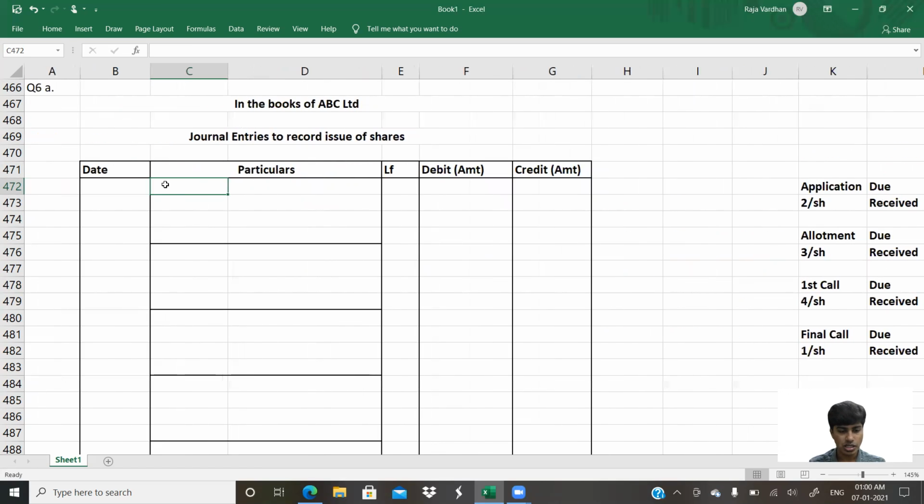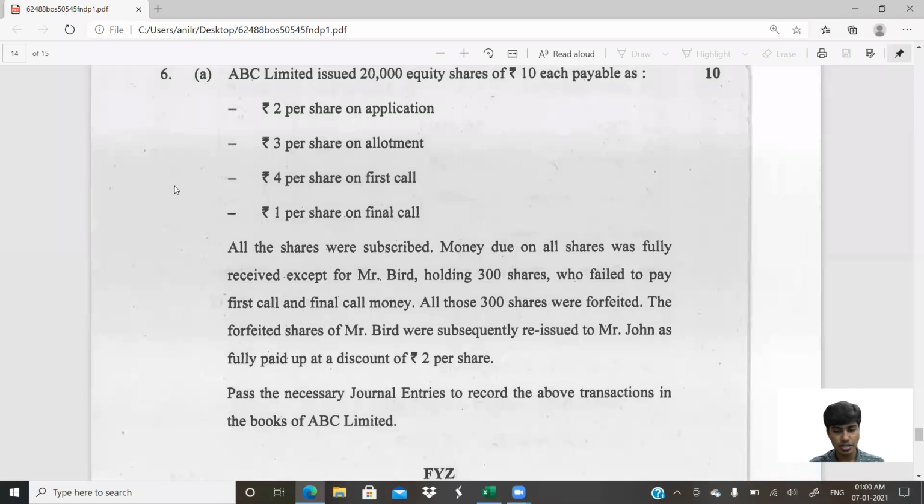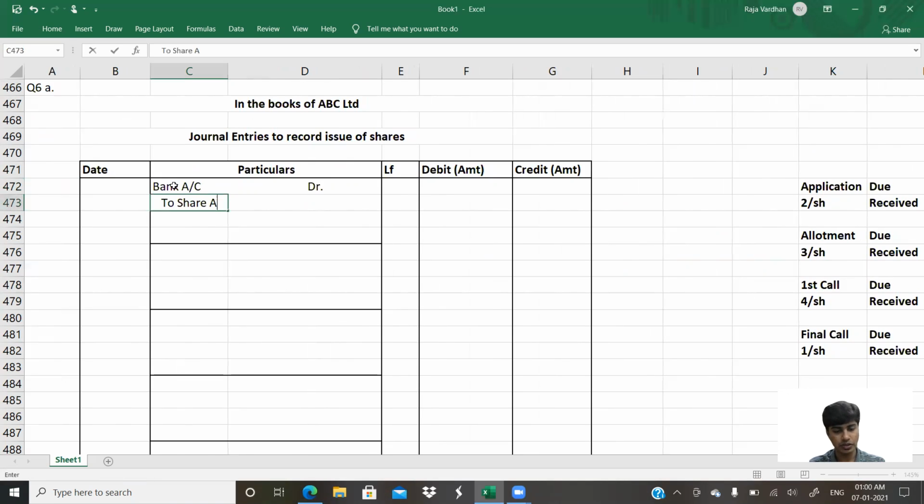Let us do this. So first you'll write the receipt entry for share application, bank account, to shares. They have not told equity shares, so I'll just write shares.